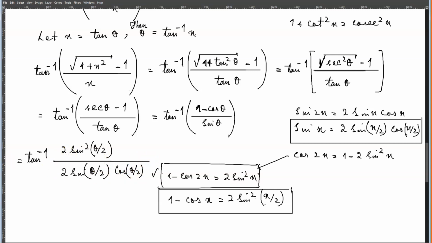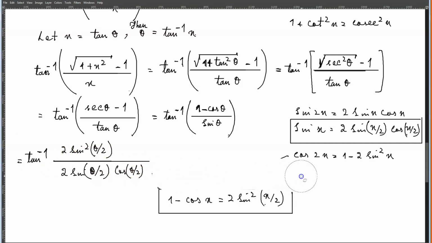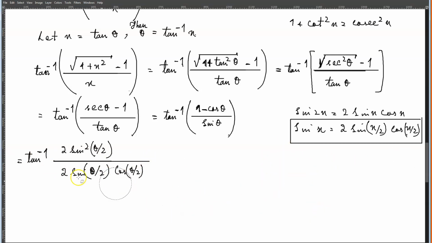So then, having all of that in mind, you can simplify this 2 with sine of theta divided by 2.